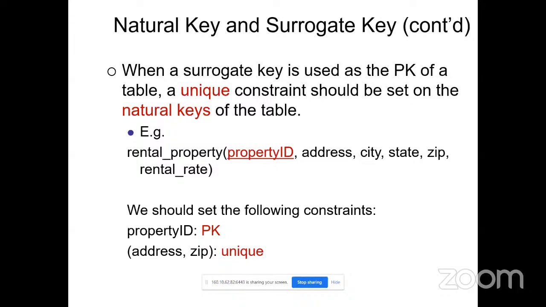Social security number must be set as unique when you're creating the table. You must say to the database that, look, social security number is not a primary key, but I want you to make sure that it is unique for each individual. You won't allow anyone to enter 2 persons' information with the same social security number. All right? Okay, we have to do that.